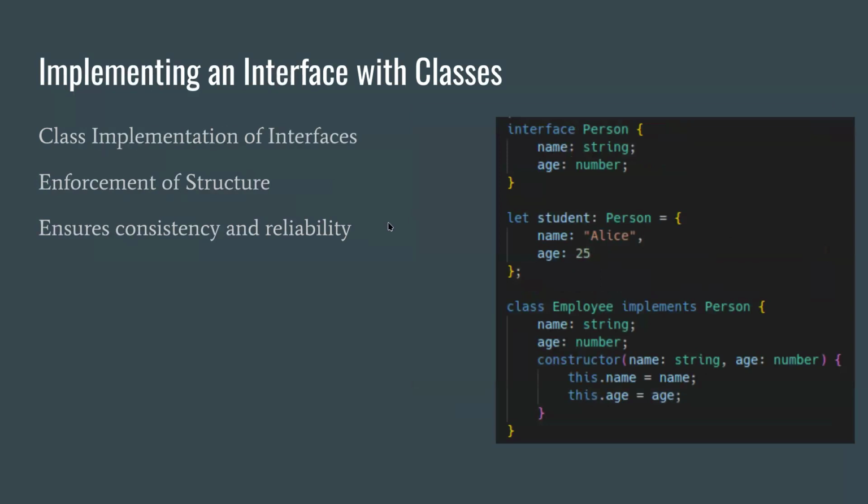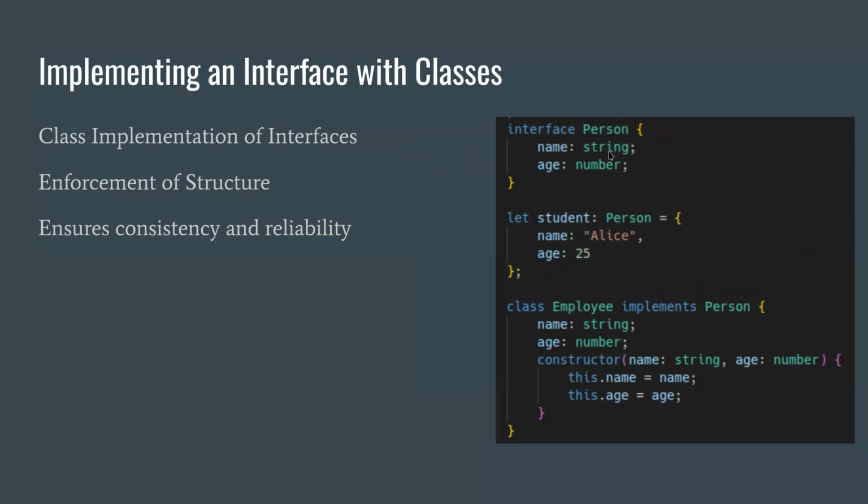Implementing an interface with classes. So interfaces are not only for plain objects, they can also be implemented by classes. And this enforces that the classes adhere to a certain structure. We can see that we have interface Person.